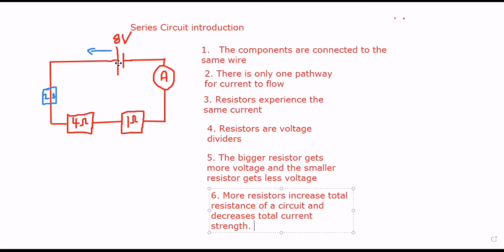So 0.5 plus 0.5 is 1 ampere. So adding more cells to the series circuit increases the current strength. That's number 7. So when you're increasing cells, you increase current strength.